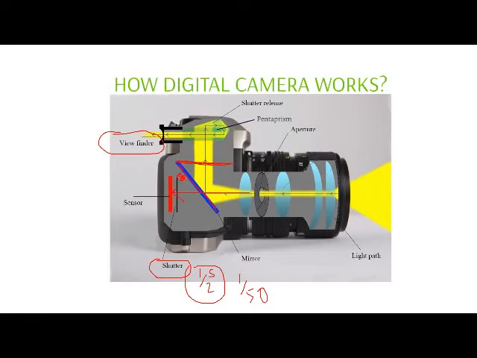Every pixel, if that is an RGB camera, which has red, blue, and green, depending on how much light is falling onto it, will try to catch that light. And that depends on the ISO sensitivity of that sensor.